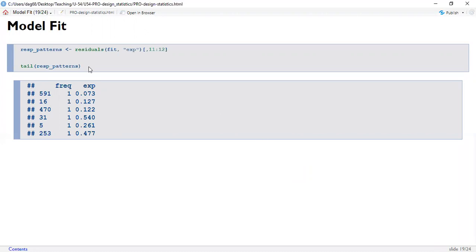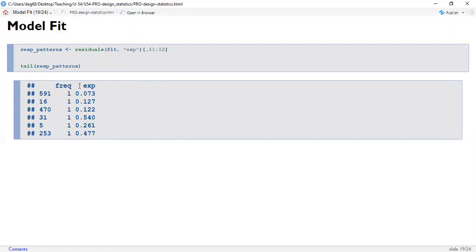But if we were to actually inspect the observed and expected values for each of the response patterns, and I've pulled that out of the model, and I'm showing you just the bottom 6 out of the total number of observed response patterns here. And you can see it's quite sparse.